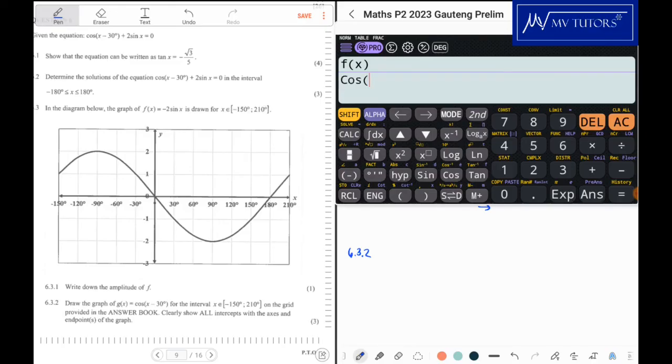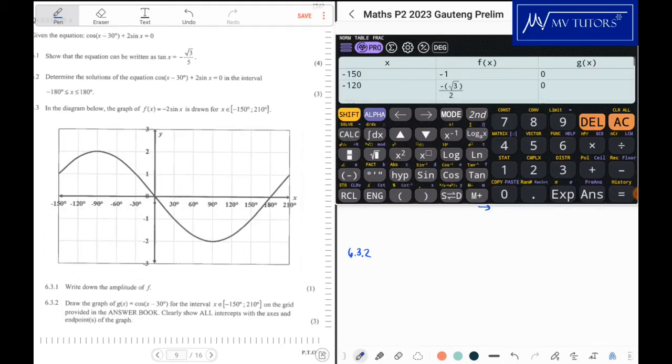In this case, we have cos x. Now I'm looking for my x. There it is. So x minus 30 degrees. Okay, and then we are starting it from negative 150, ending it at 210 degrees in steps of 30 degrees.